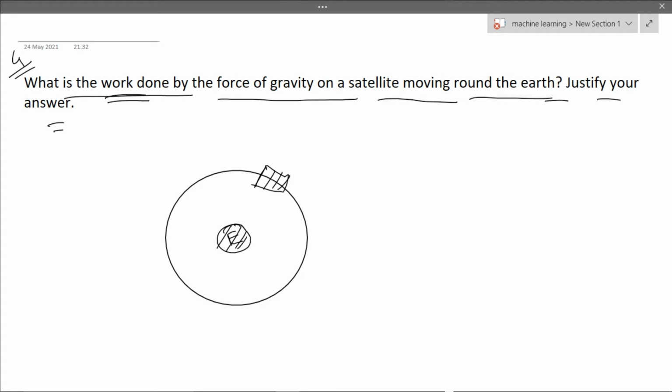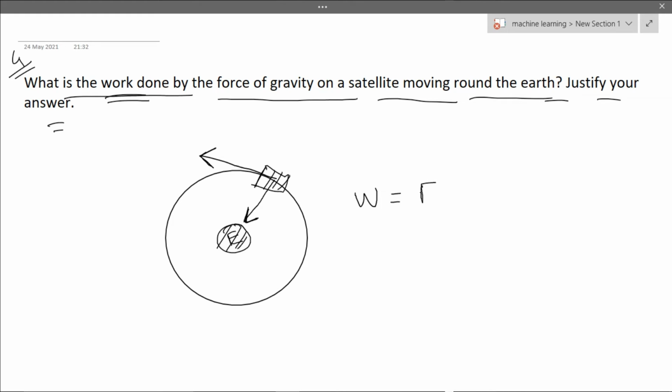The force is acting along the radius of the circle and the displacement is acting along the tangent of the circular orbit. So the force and the displacement are perpendicular to each other.